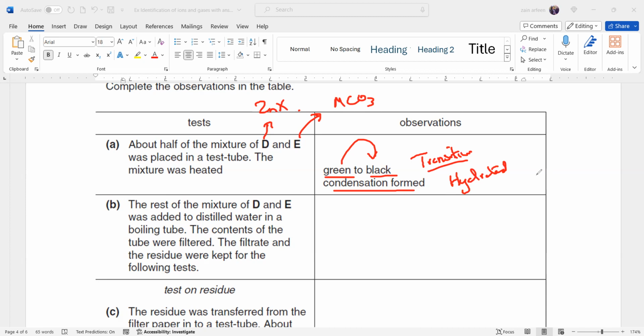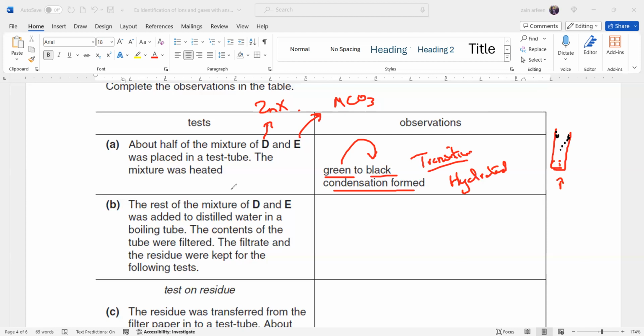Because what will happen when we have the hydrated salt, the salts which are having water of crystallization, and we heat them? The water molecule is removed, and once it loses its energy, it condenses at the mouth of the test tube. So whenever a solid is heated and condensation forms, this gives an idea that it is a hydrated salt. Okay. So the first one, the color change shows that it is a transition element, and the second one indicates it is a hydrated salt.